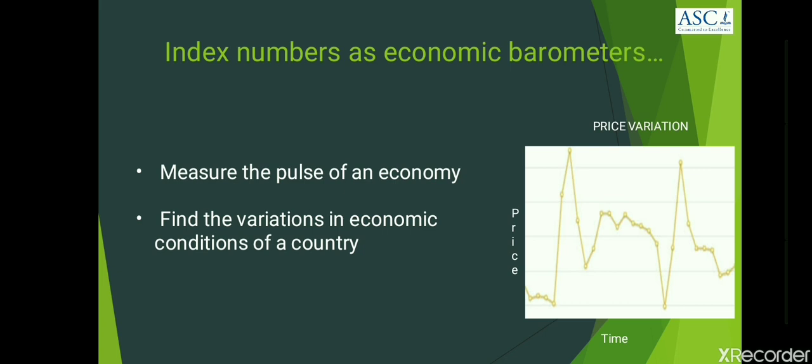This chart indicates whether the price of that commodity is going up or down, or is consistent over a period of time. In other words, this indicates the variations happening in the price of the commodity over a period of time. Such study of variations in the economic conditions of a country is measured through these index numbers.